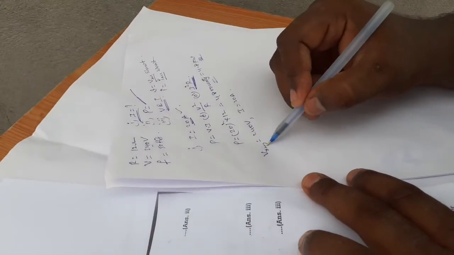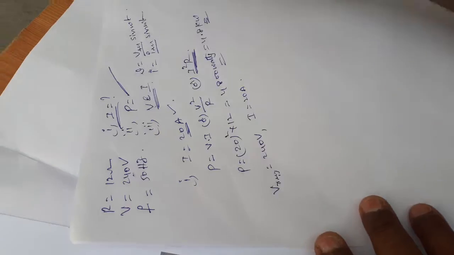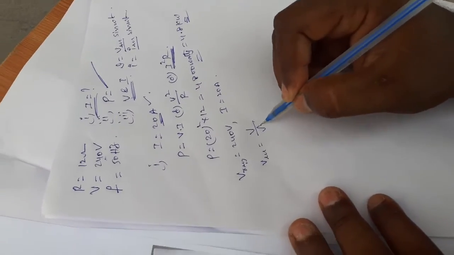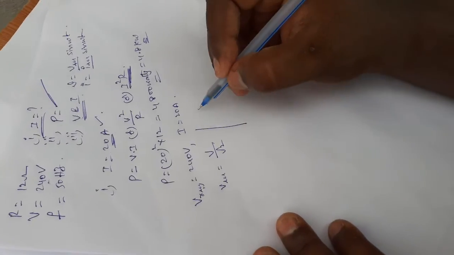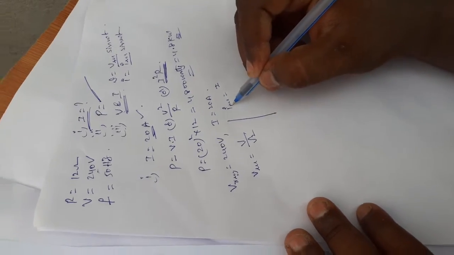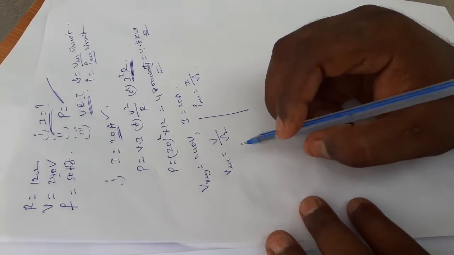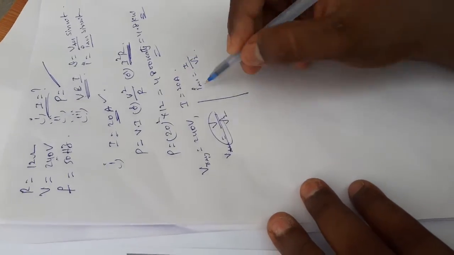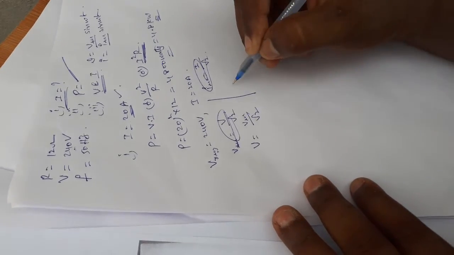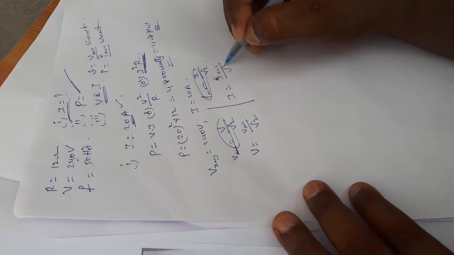Now if you know the RMS voltage and RMS current, how do we find the maximum voltage and maximum current? We know the relation: the RMS value of voltage is equal to the maximum value by root 2, and the RMS value of current is equal to the maximum value of current by root 2.